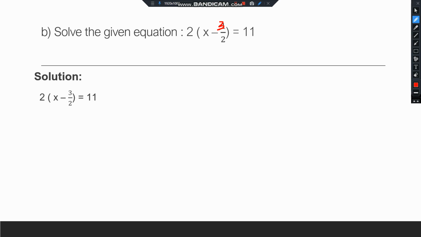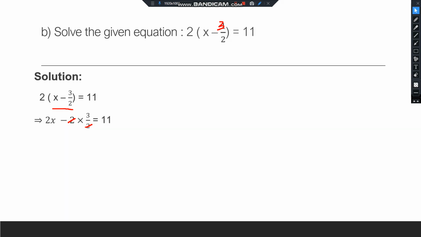So you know, whenever a bracket is given, we need to open the bracket. So we will open this bracket here, and when we open, we get 2 multiplied inside. So 2 into x minus 2 into 3 upon 2 equal to 11. Now here if we simplify, this 2 will cancel with this 2, so we get 2x minus 3 left here.